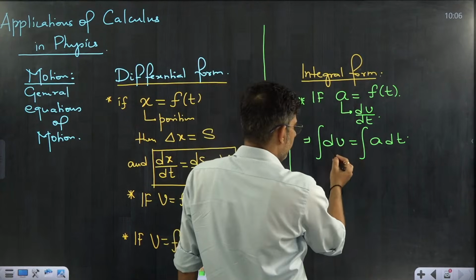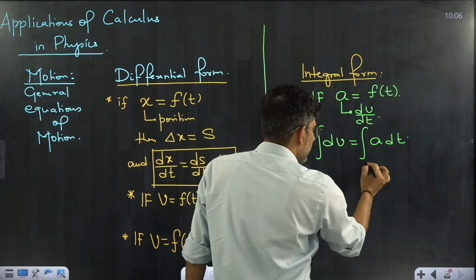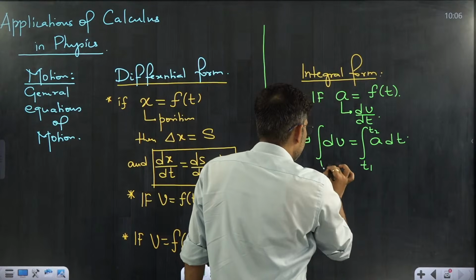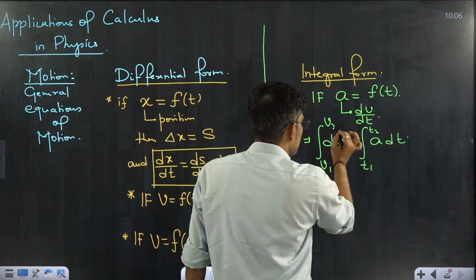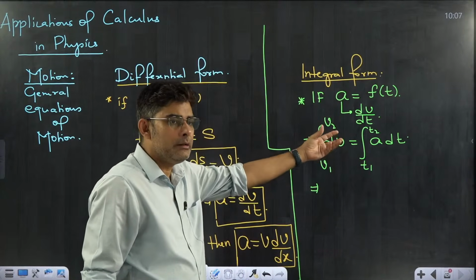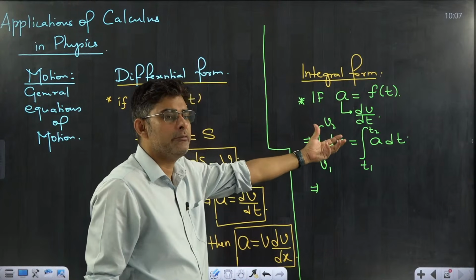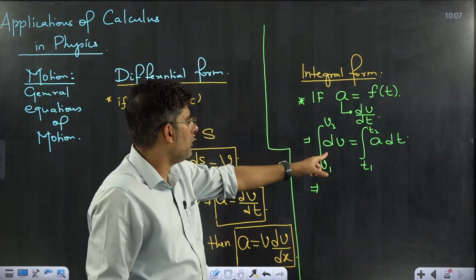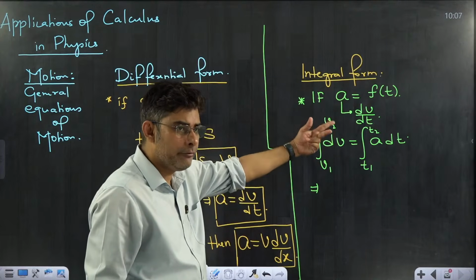Now, if I take any time interval t1 to t2, here I can write v1 to v2. Yesterday I told you that when you are writing dx, integration will become x, that means x2 minus x1. So if you are writing dv, it will become v.